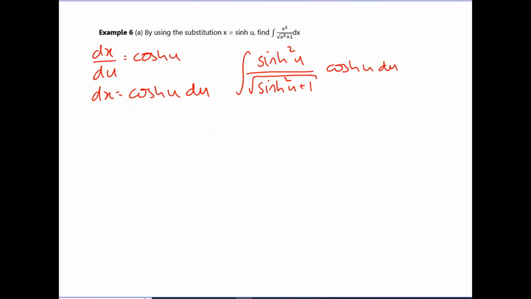On the bottom, sinh squared plus 1 is the same as cosh squared. Root cosh squared is obviously just cosh, and it will cancel with this cosh u du. So you are now integrating sinh squared.